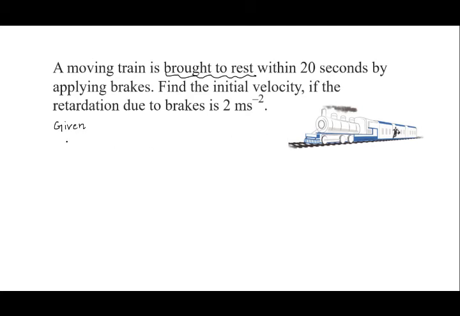That means its final velocity, which is the velocity at the end, is 0. And within 20 seconds, time is given as 20 seconds. So time is given, final velocity is given, and the acceleration is given here.